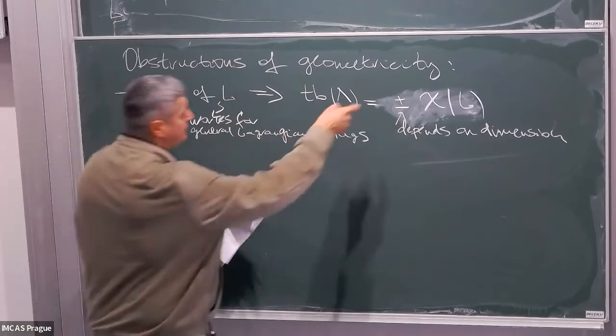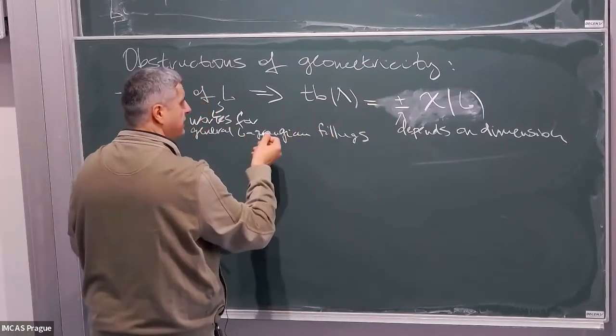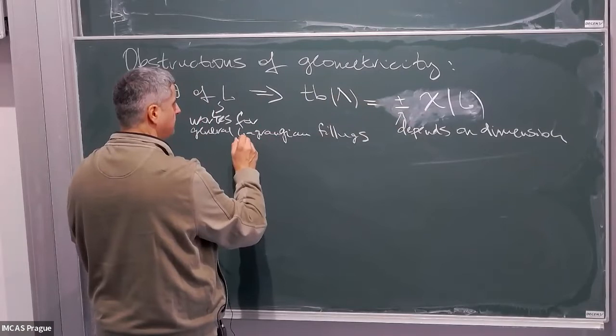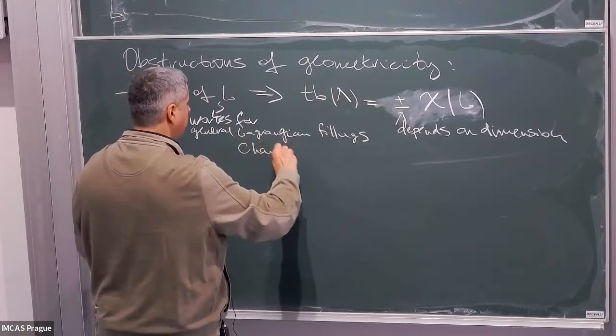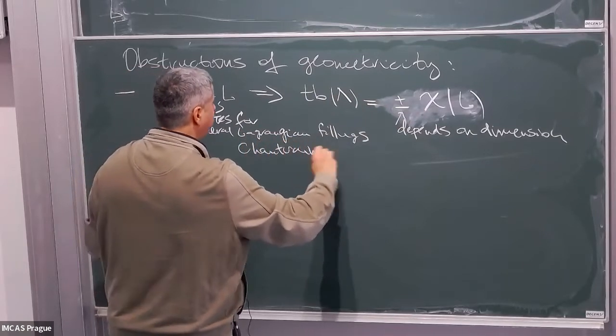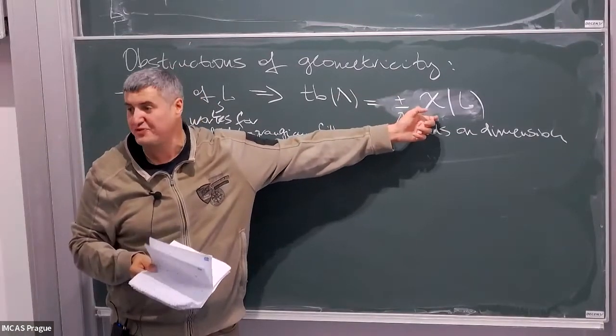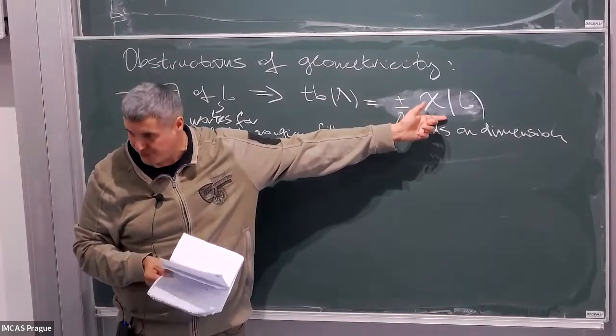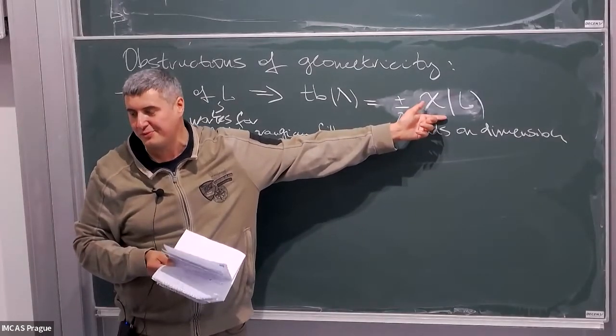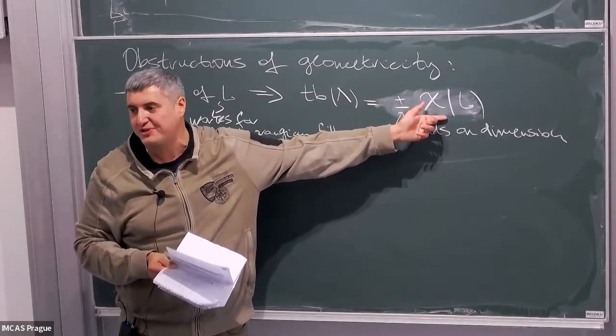And if one asks who is responsible for that, I should say probably Baptiste Chantraine. He wrote it in dimension 3, where you can write it in terms of the genus of a surface if our Lagrangian is a surface.